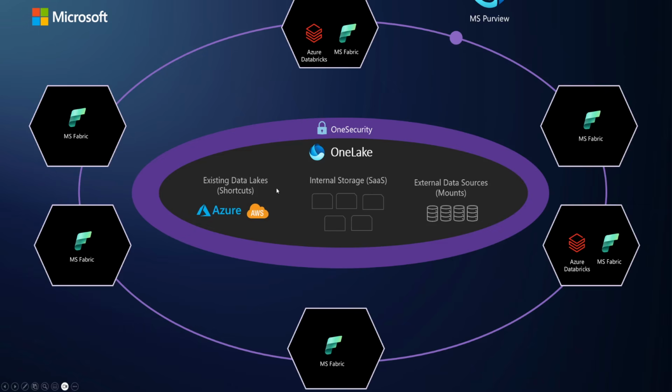So we can have shortcuts to S3 buckets for some domains that have pushed or processed data using Databricks in AWS or elsewhere, or external data that's been acquired from other organizations or acquisitions. And everyone can operate with their own compute patterns. So if one domain likes to use Azure Databricks, they can use Azure Databricks.